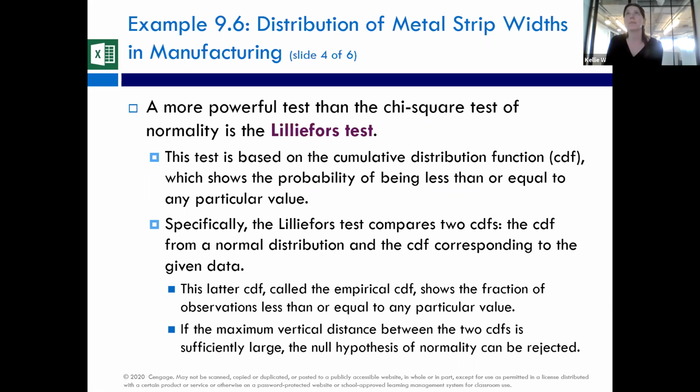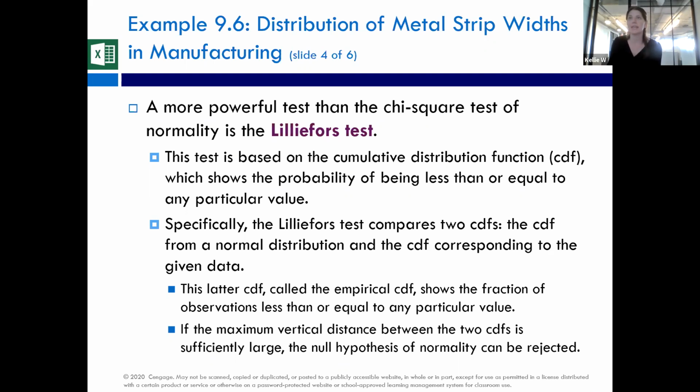Another means for doing a test for normality is the Lilliefors test. This is a much more powerful test. It's based on what we call the cumulative distribution function, which shows us the probability of being less than or equal to any particular value. So the Lilliefors test is comparing the cumulative distribution function from a normal distribution and the cumulative distribution function that corresponds to our data.